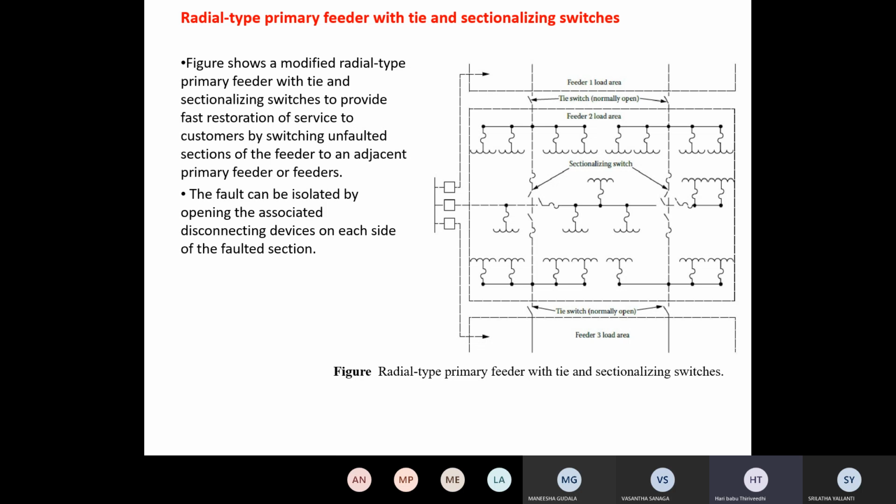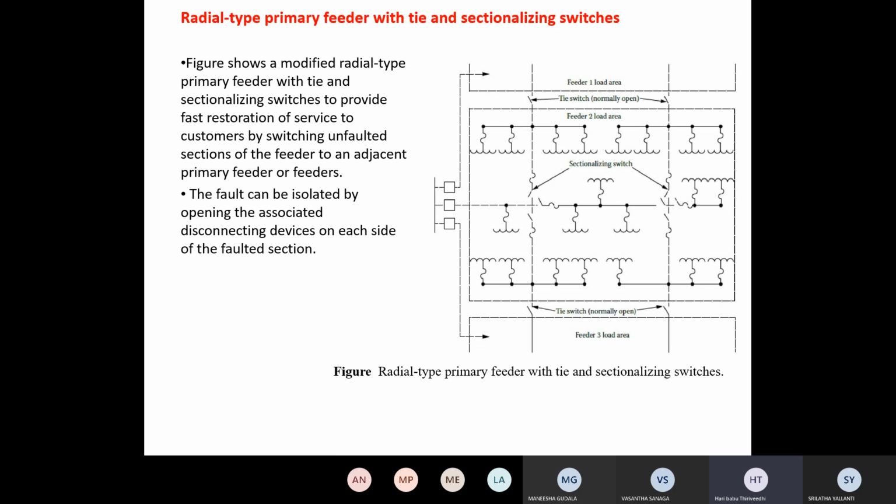Normally open, when our fault occurs, it may be closed. The sectionalized switch is also closed, and the power goes through the sectionalized switch. The faulty section will be isolated, and then we have to open the tie switches, and the sectionalized switch is also opened.